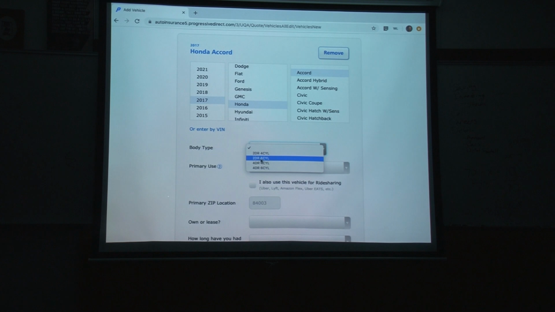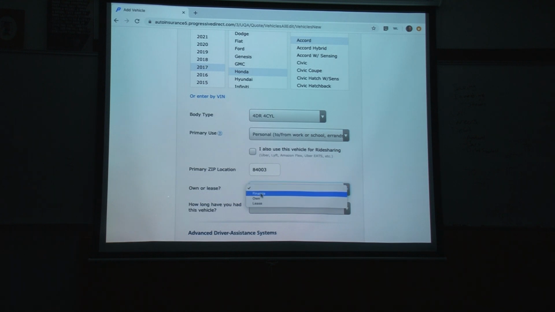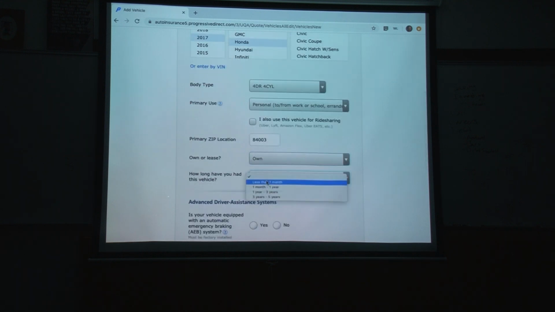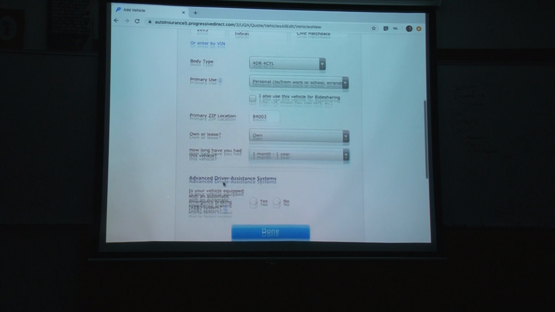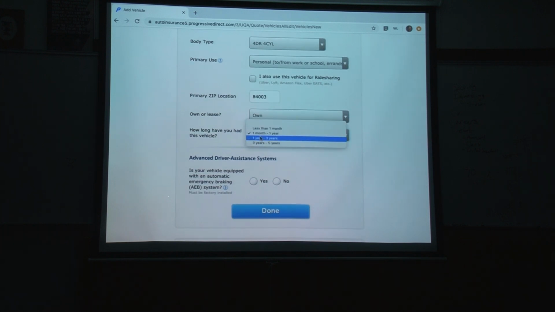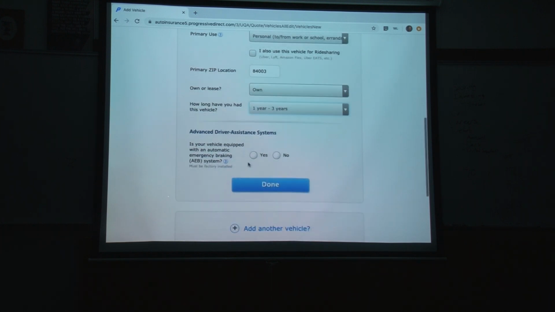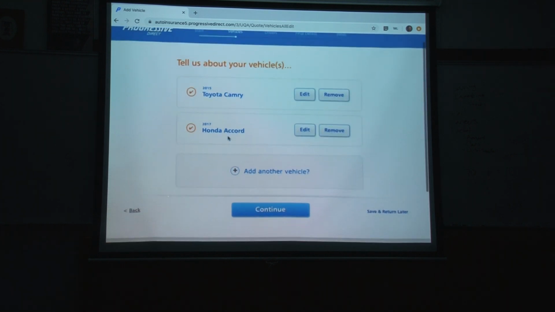Let's say that it's a four-door, four-cylinder as well, for personal use, and that we own this vehicle as well. We'll say that we've had this one from 1 to 3 years. And now we've got 2 vehicles there, okay? So we've got the Toyota Camry and the Honda Accord, okay?